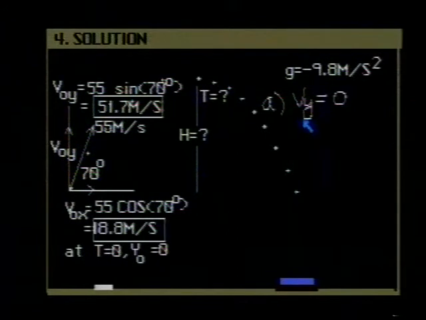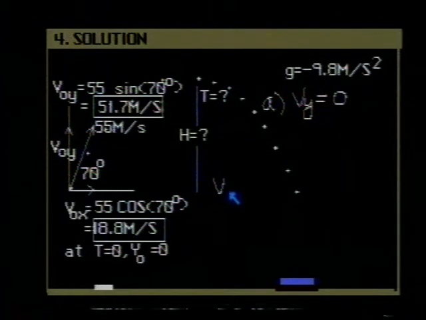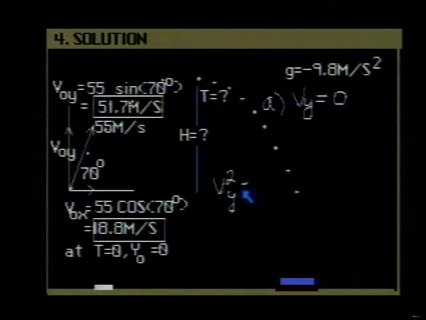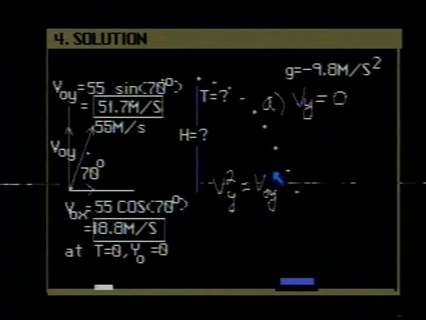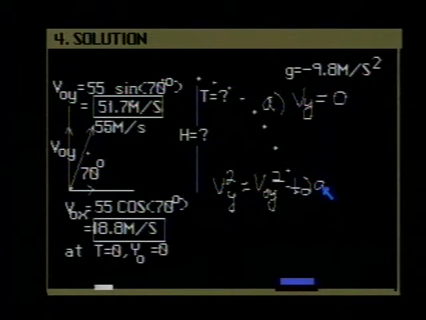If you examine the equations for projectile motion, you find the equation v sub y squared is equal to v0y squared plus 2 times the acceleration times the displacement y minus y0.